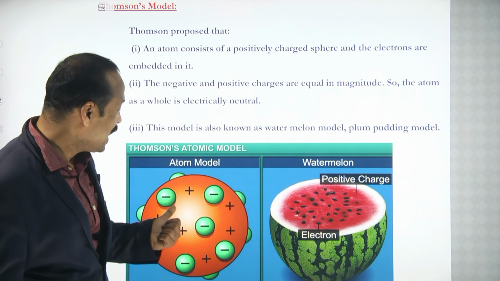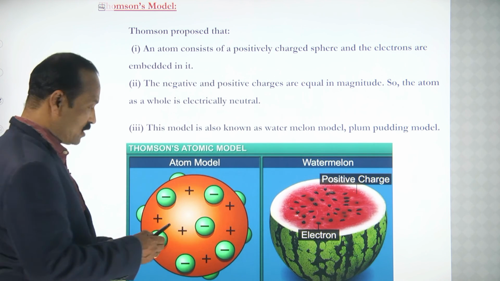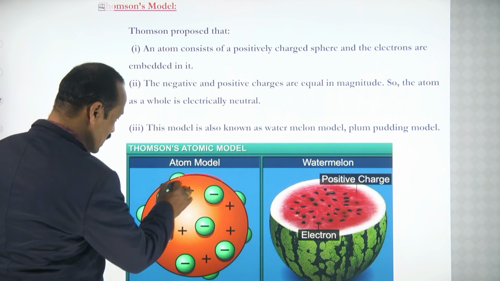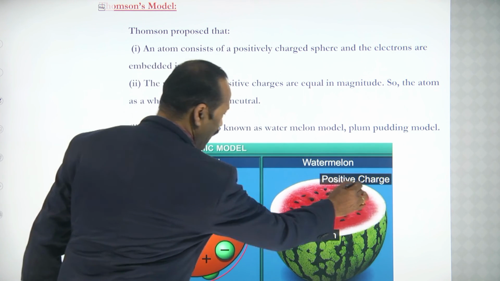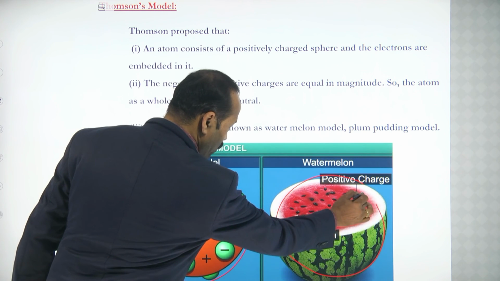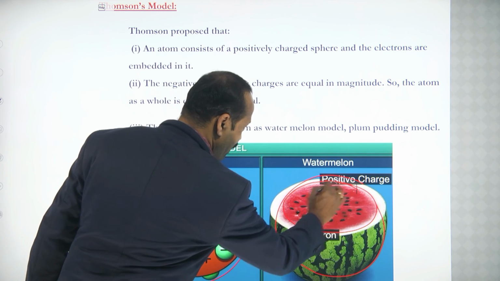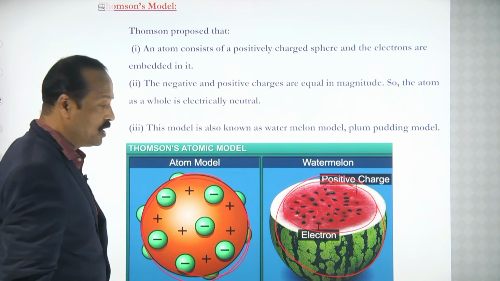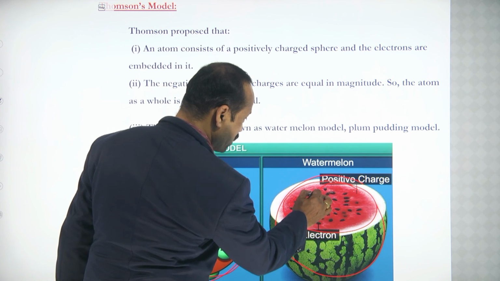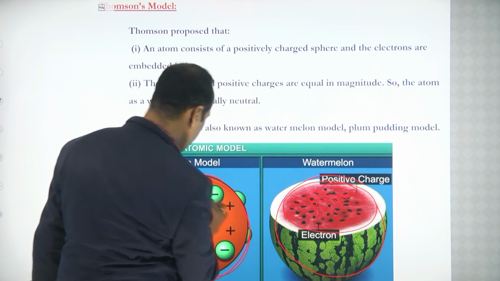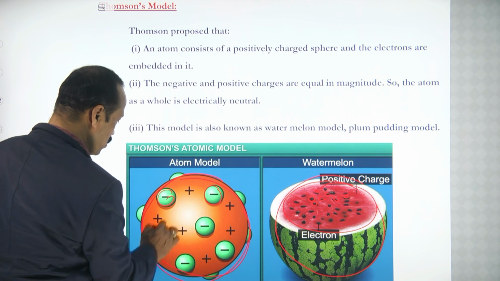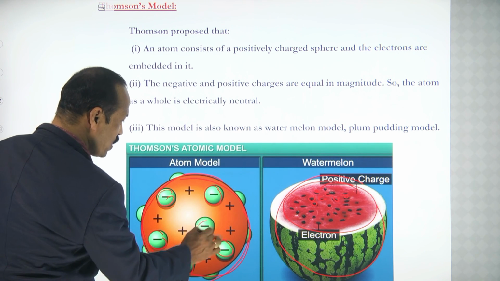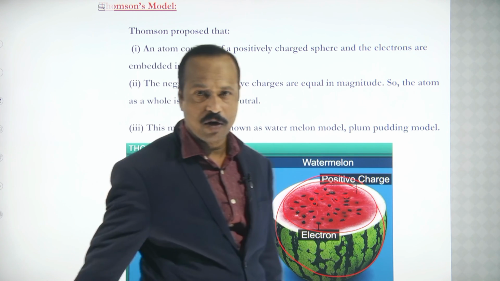Similarly, electrons are present in the atom. So here you see the atom, spherical in shape like a watermelon, with a red mass which is the positive charge, and seeds in it. Similarly, electrons are present. So this is known as Thomson's atomic model.